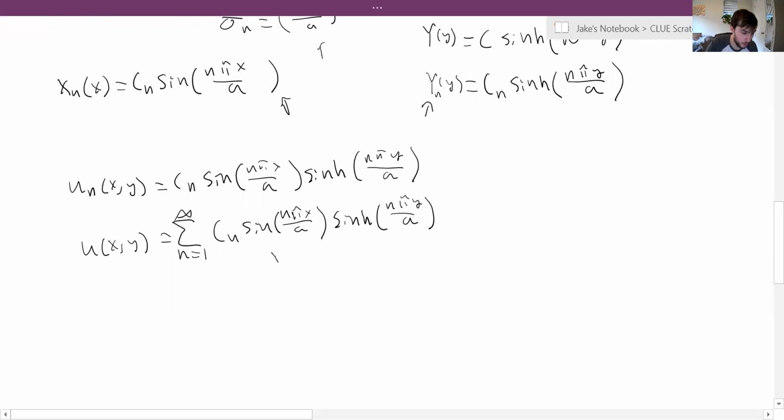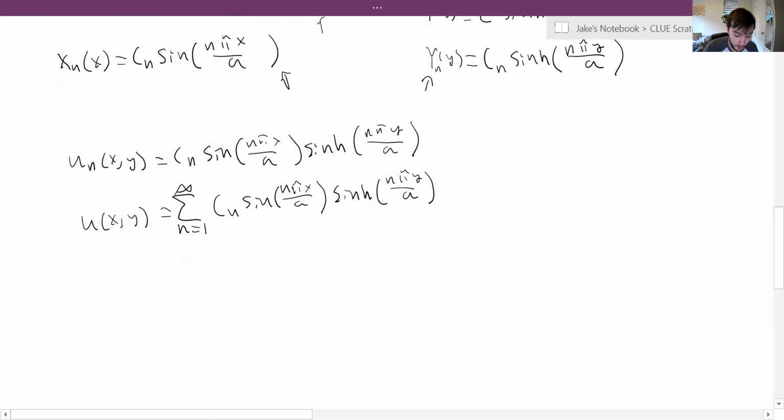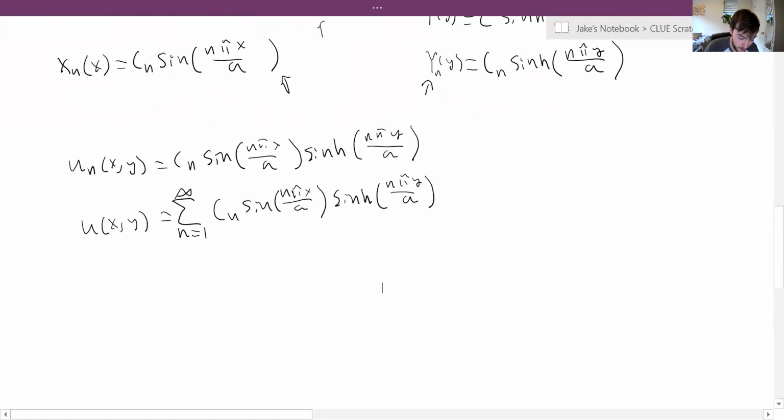If these were cosines, which I believe happens depending on the side that your function starts on, you get different answers. I think one of the other sides gives you cosines and hyperbolic cosines, which people pronounce cosh, because you write it like this, which is much more understandable to me. Anyway, this is our general solution.